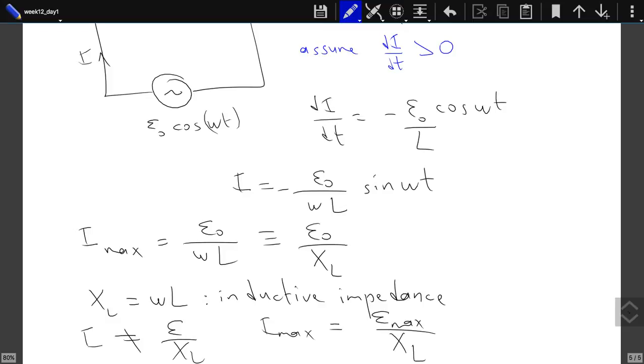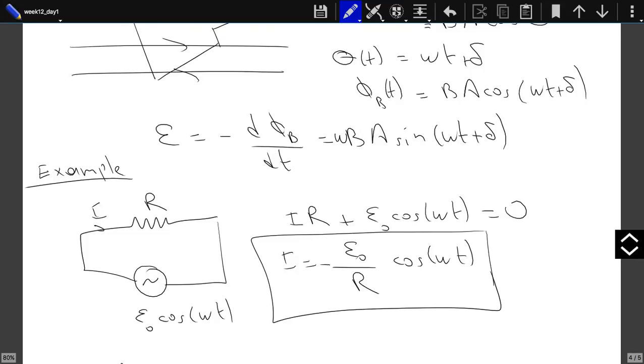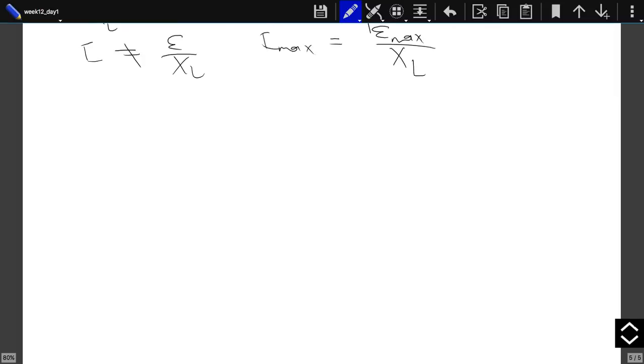Now let's see. We have these three circuits. This is for the resistor.